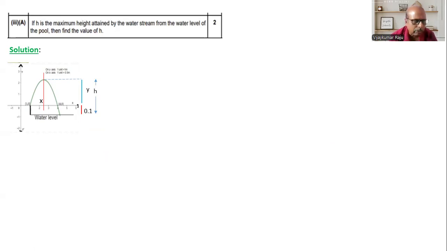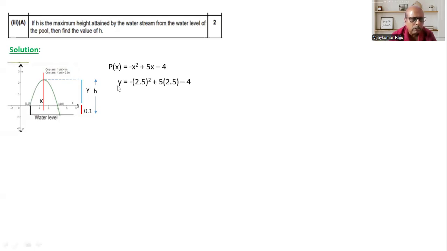Now you want to find y. The polynomial p of x is nothing but y. So we are given p of x is equal to minus x square plus 5x minus 4, and the x value we just calculated in the second bit is 2.5, that is 5 by 2.